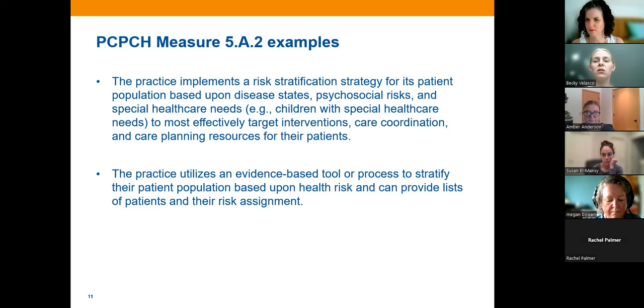This approach helps to focus interventions, care coordination, and care planning resources for their patients. And another example, the practice utilizes an evidence-based tool or process to stratify their patient population based upon health risk and can provide lists of patients and their risk assignment.